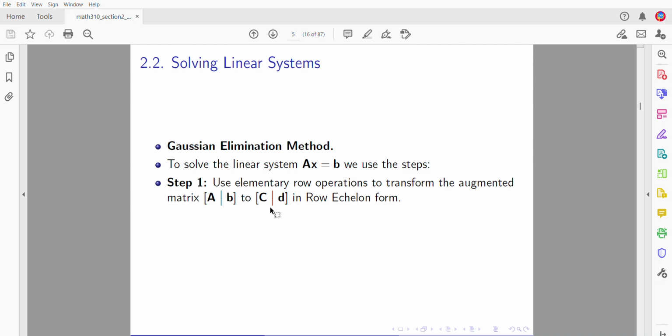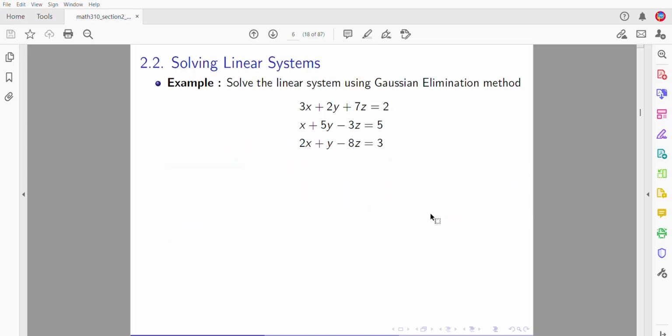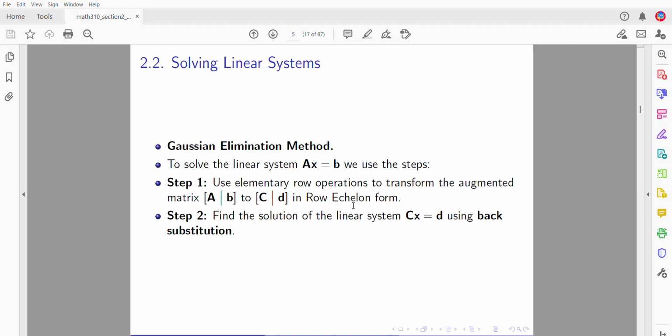It must be in row echelon form. Once you have row echelon form, use back substitution. Work backwards to find the solution of the entire system. Here is an example. So only 2 steps: reduce your augmented matrix to row echelon form and then use back substitution.